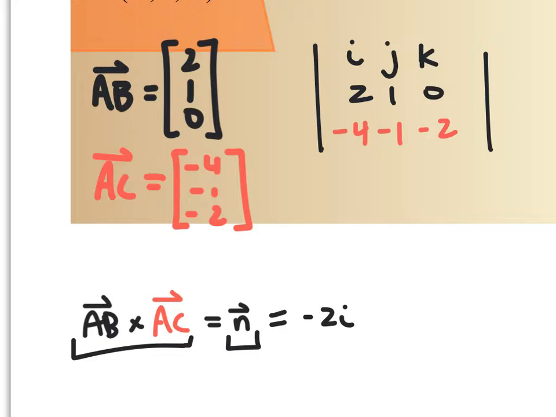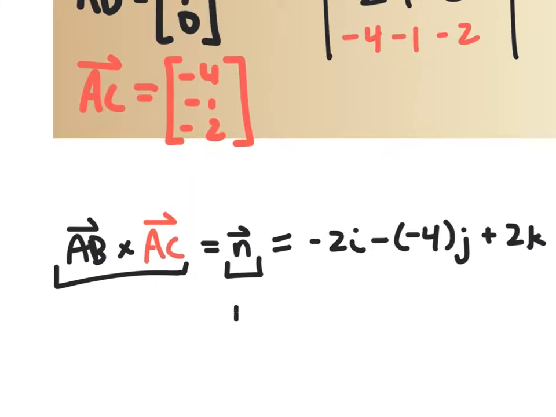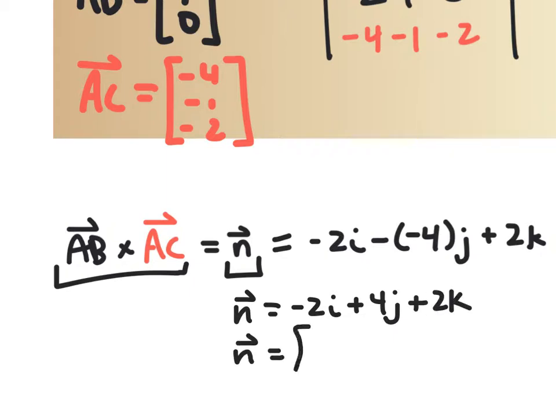Now I cover up j, that's negative 4 minus 0, but remember it's minus that value. And then plus, cover up k, I get negative 2 minus a negative 4, which is a positive 2k. So our normal vector in this case will be negative 2i plus 4j plus 2k. We could also write this in vertical form as negative 2, 4, 2.